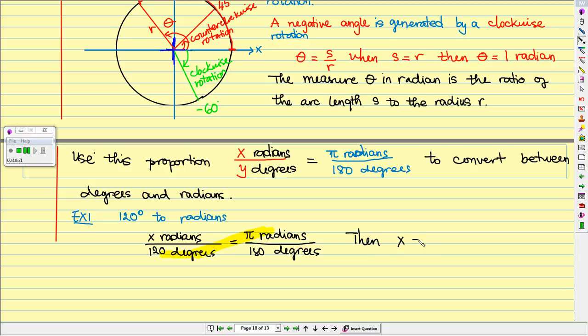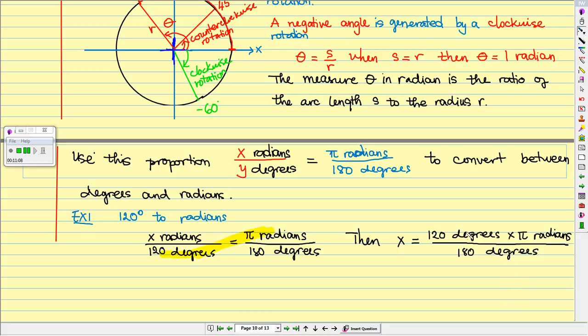Then x radians, again x is the unit in radians, equals 120 degrees times pi radians divided by 180 degrees.